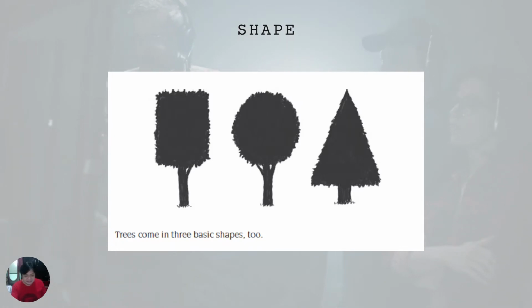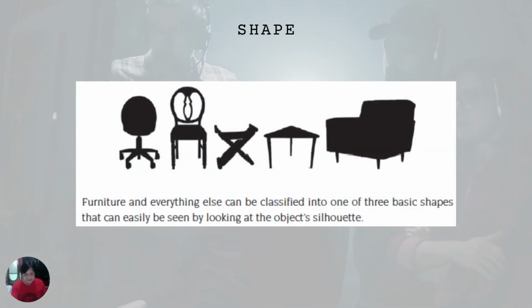Furnitures and everything else can be classified into one of the three shapes that can easily be seen by looking at the object silhouette. So, the first two on your left can suggest circles. The next two can suggest triangles.